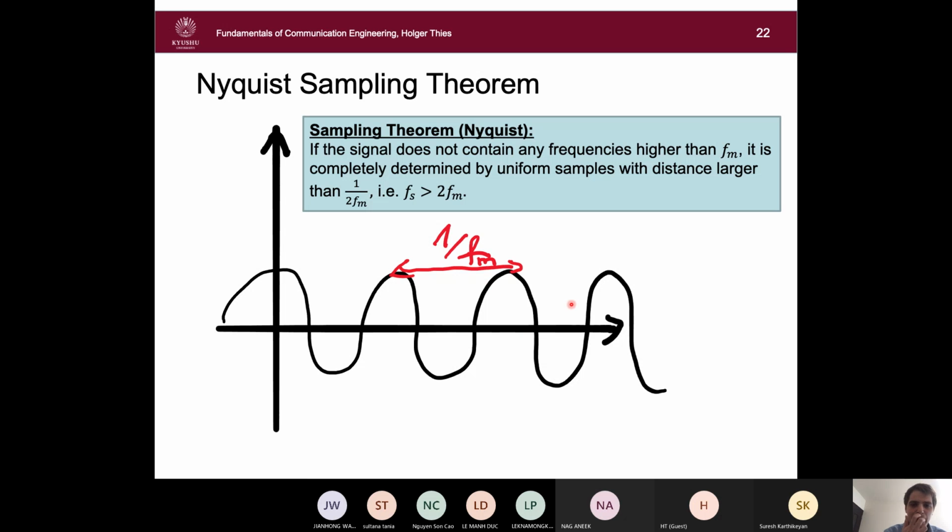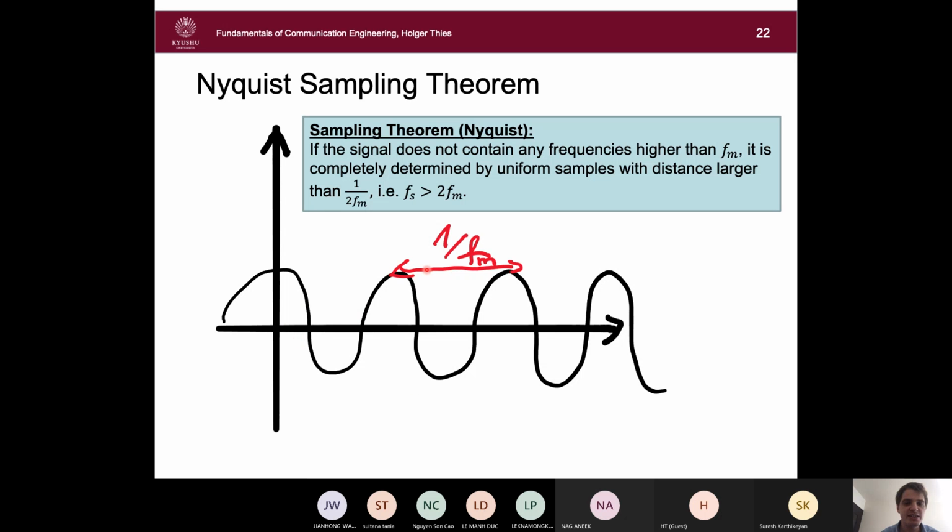So if we increase the bandwidth, if we allow more frequencies, then we can compress this. We can make this wave smaller, which means it has more bulbs like this.